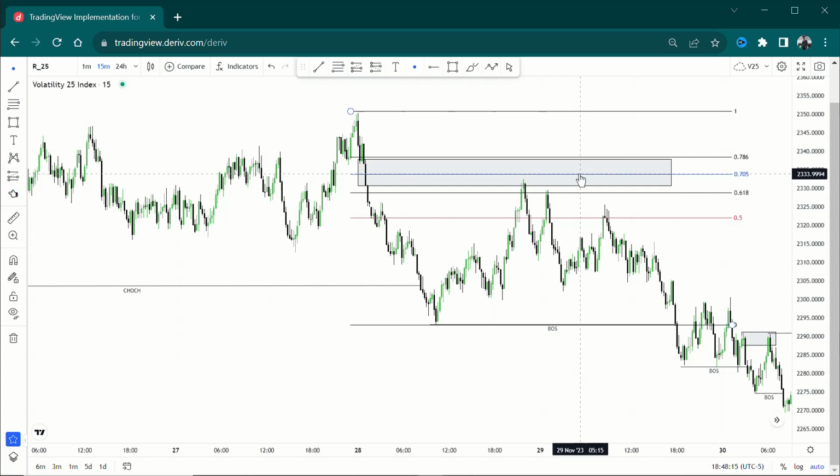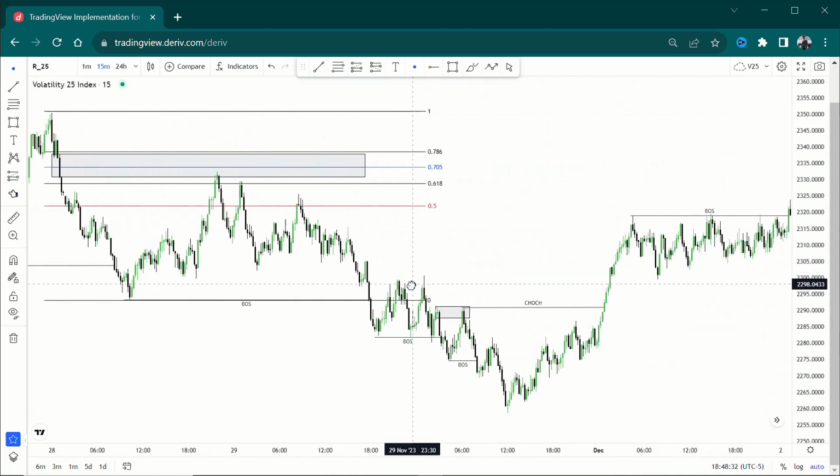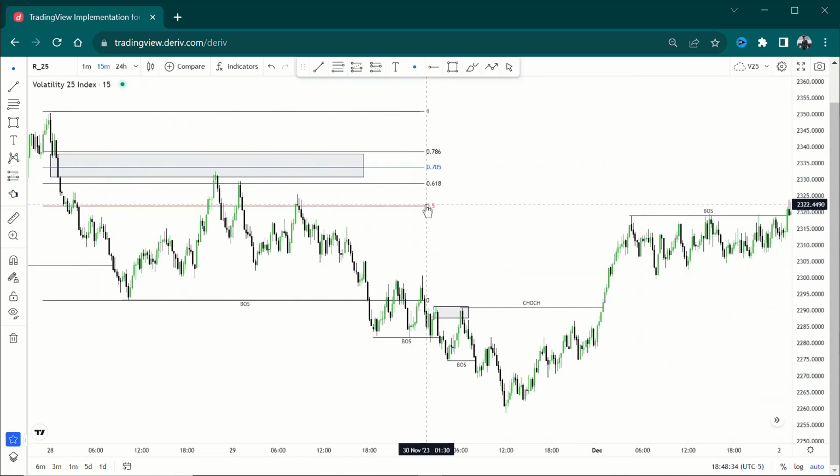So the probability of you having a good trade increases as you go up. Since you are selling here, it's becoming more and more expensive. That's the only logical answer I can give you.